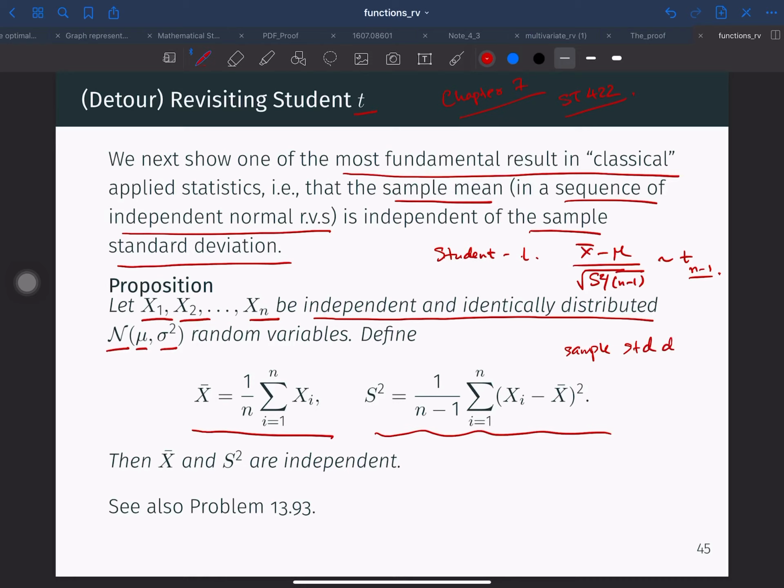So the sample mean is independent of the sample standard deviation. This may be problem 13.93 in your textbook, but it's unlikely that any of us will ever take a look at chapter 13. So let us do it right now, instead of waiting for so long.